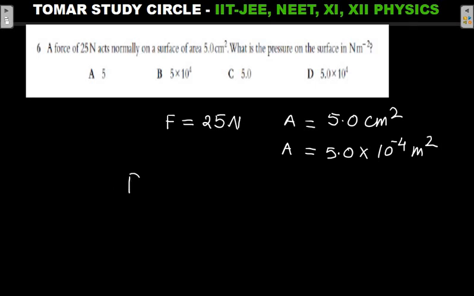Hence the pressure can be written as P equal to normal force F divided by area on which force is applied, that is F by A.